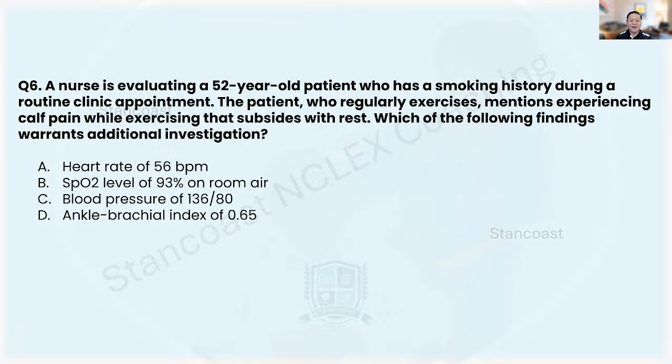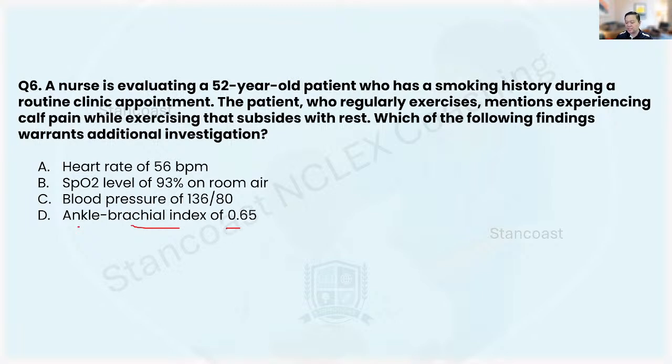Which of the following findings warrants additional investigation? Is it A, heart rate of 56 beats per minute, B, oxygen saturation level of 93 on room air, C, blood pressure of 136/80, and D, ankle brachial index of 0.65.